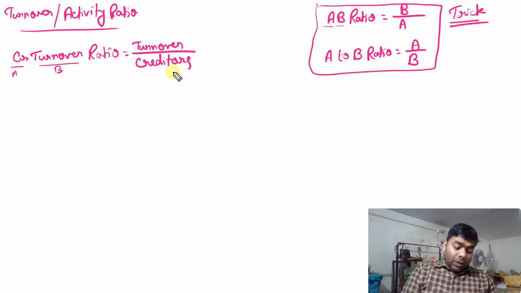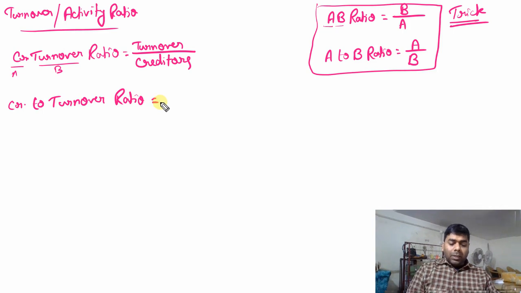And if it is given as creditors to turnover ratio, then you can write it as creditors upon turnover.